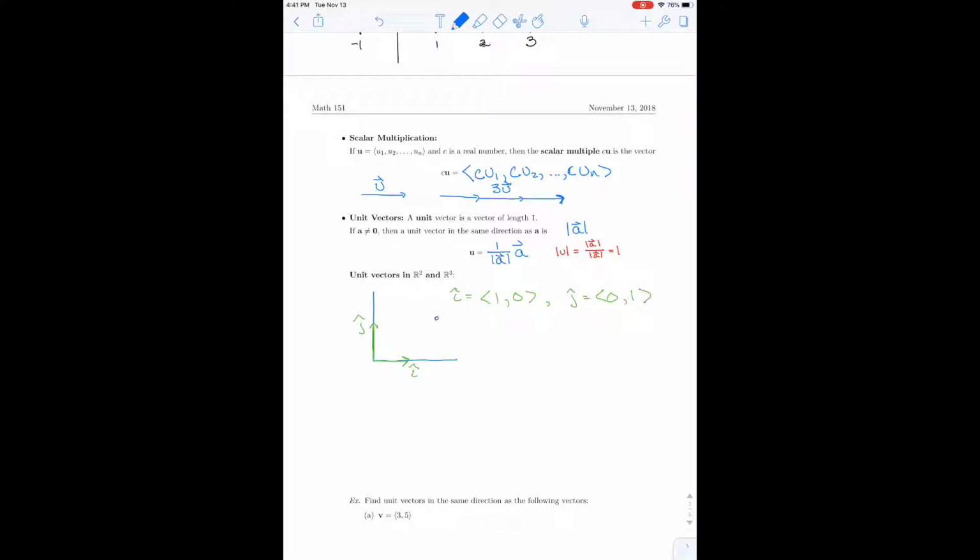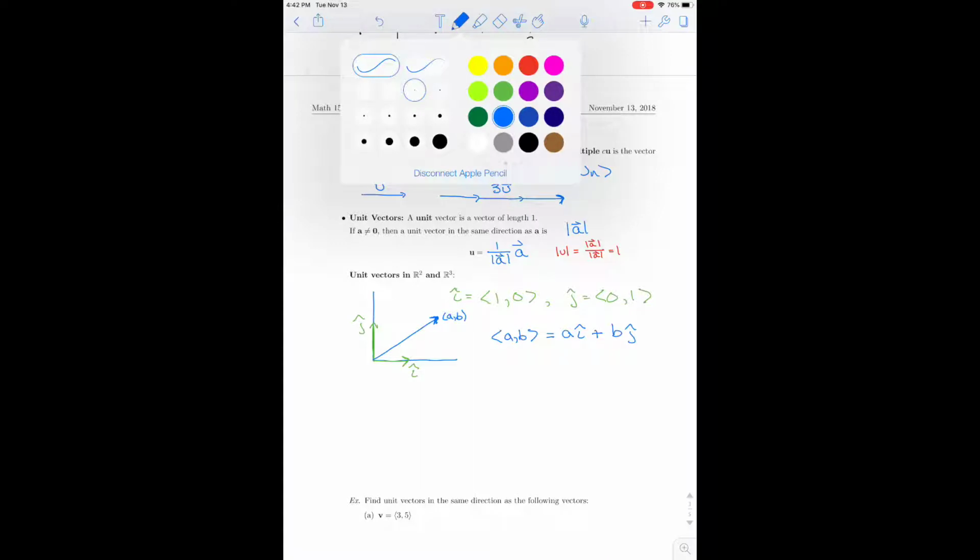So for example, if I look at the point (a, b), or the vector (a, b), then I can write it as following in the x direction for a distance a, plus following in the y direction for a distance b.